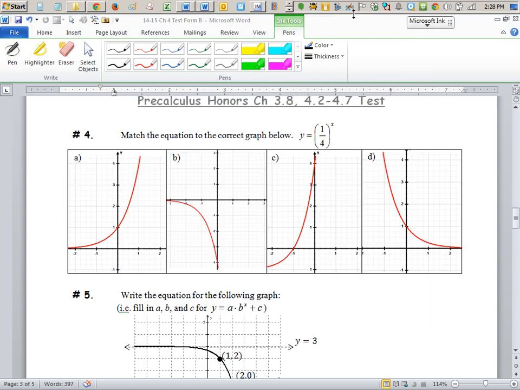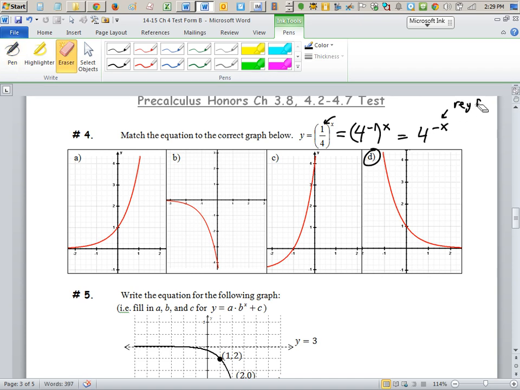The next question asks us to match this equation to the graph below. This problem is actually pretty simple. If you know that this means decay of 1/4, then it has to be basically answer choice D. The other way you can look at this is you can rewrite this as 4 to the minus 1, which means this is really 4 to the minus x. Negative x means you're going to reflect it over the y-axis.